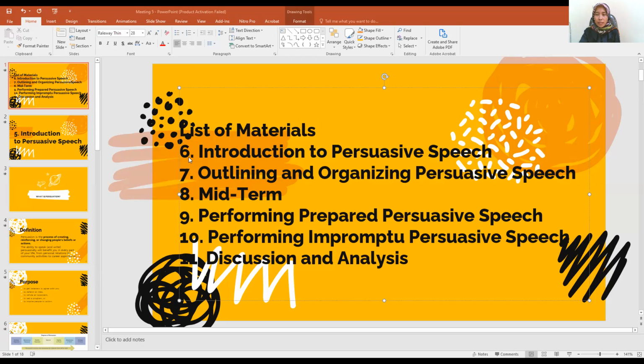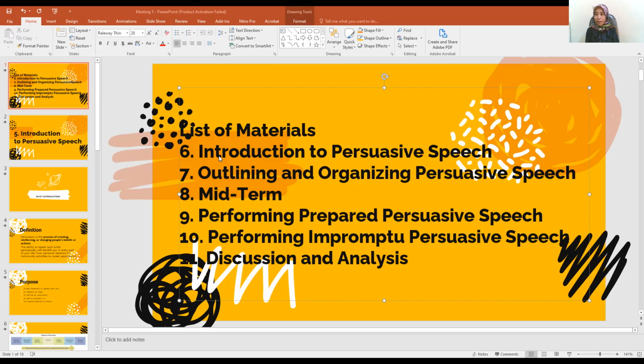On the sixth meeting, today's meeting, we are going to talk about introduction to persuasive speech. And then after that, in the seventh meeting, you will learn to make an outline, also to organize a persuasive speech. And after the second meeting, you will face the mid examination, right?